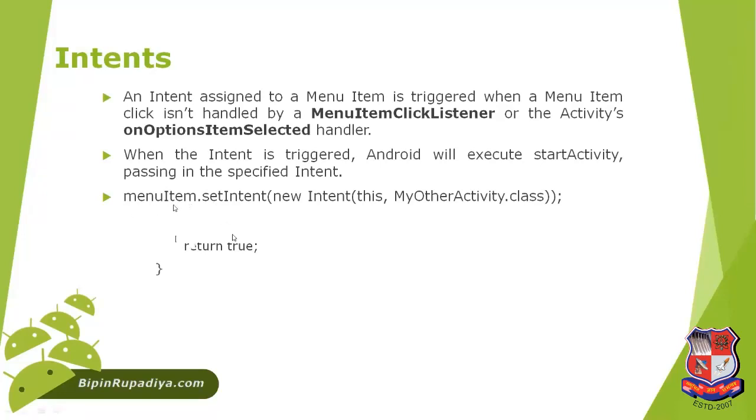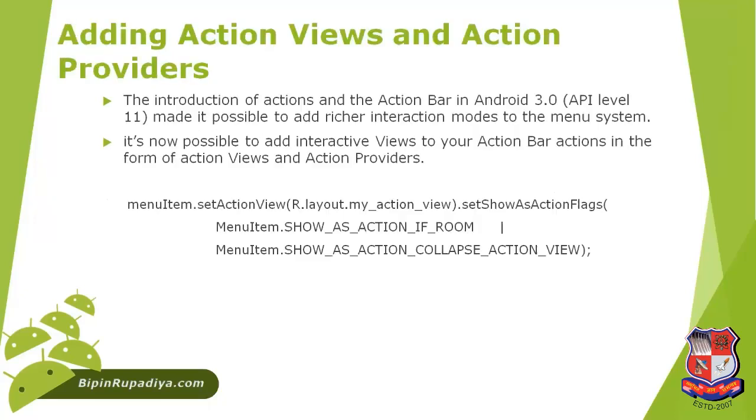Just see the last bullet, menuItem.setIntent, where you need to pass the object of Intent. Here I have passed an anonymous reference of Intent, and it is an explicit intent: the current context and my other activity dot class. So whenever the user clicks this particular item, this intent will automatically trigger.